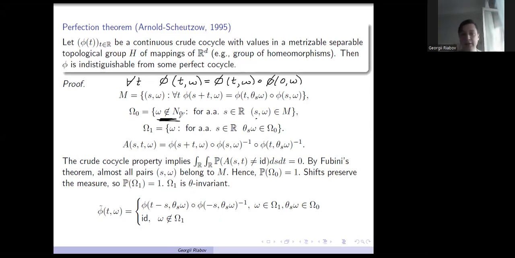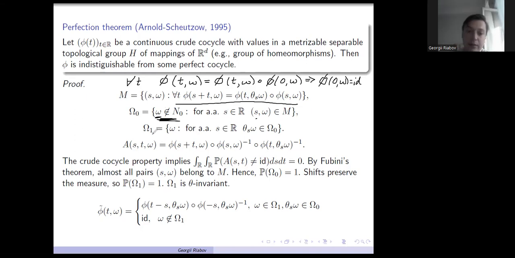And since mappings belong to a group, this implies that φ(0, ω) is the identity. Okay. So the set Ω0 is the set of ω such that for almost all s, this equation holds for all t.